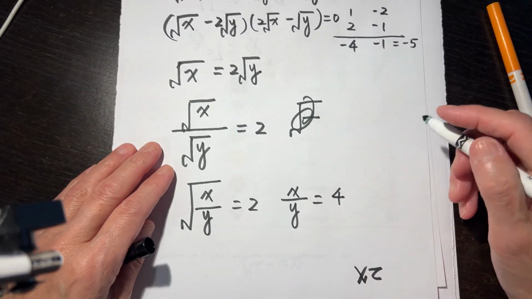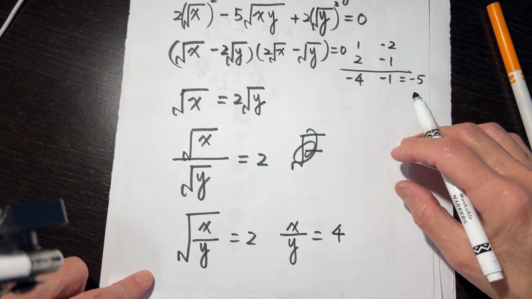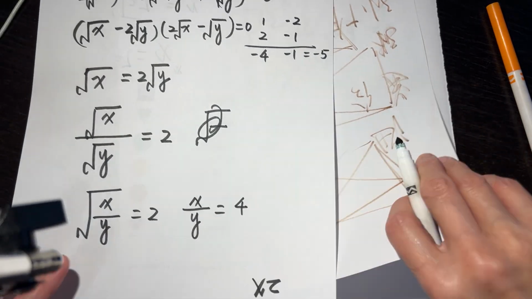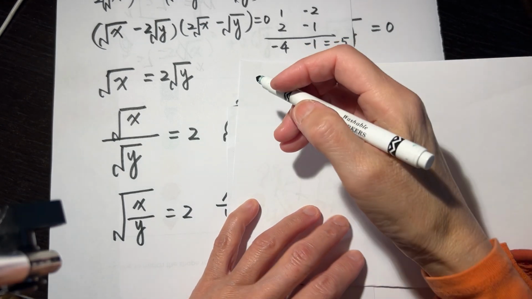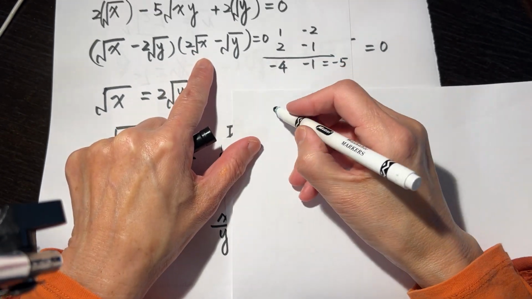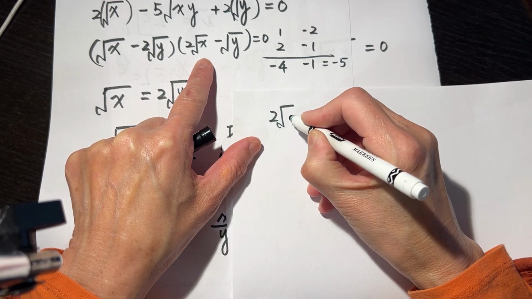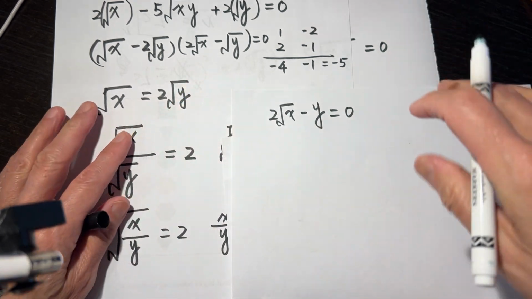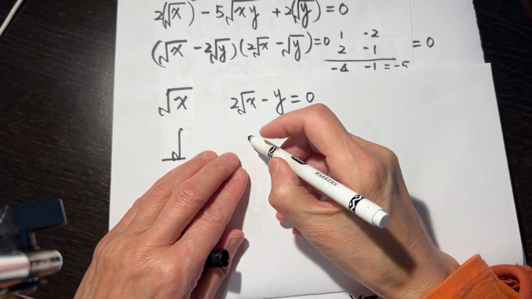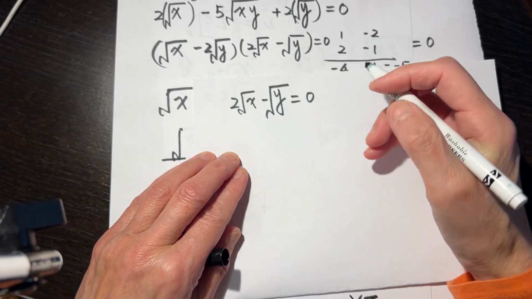Now we do the second one. For this one, 2 root x minus root y equals 0. Then over root y.